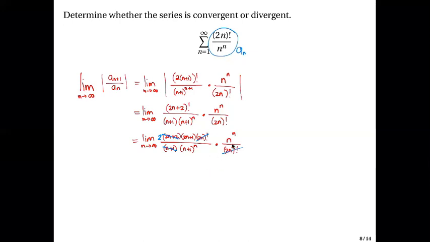And then, itong n to the n over n plus 1 to the n, pwede mo na yan pagsamahin sa isang exponent, which means that ano mangyayari dito? You will get limit n approaches infinity of 2 times 2n plus 1 times you have n over n plus 1 raised to n.